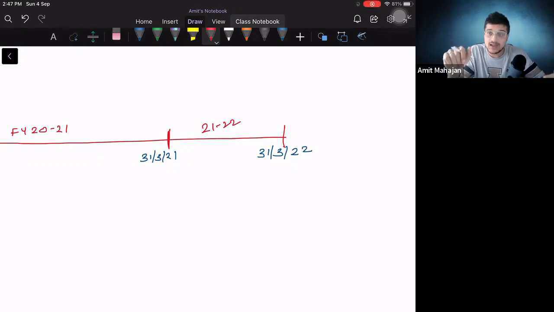21-22 just started. In that case, I get a notice, and you have written that you are going to increase the rent, not from today, but from last year का जनवरी. मैं बोला यार ये तो रेट्रोस्पेक्टिव अमेंडमेंट होते हैं, ये क्या कर रहा है, रेंट बढ़ा रहा है.